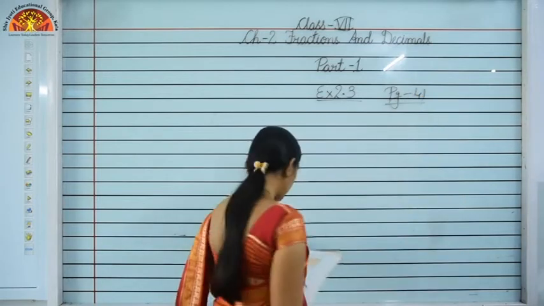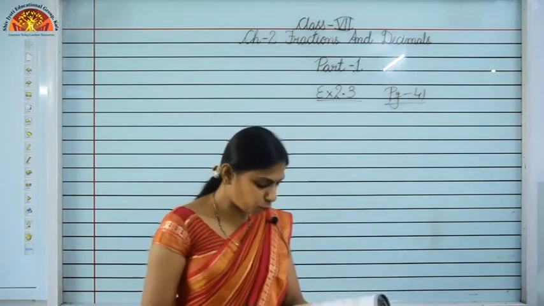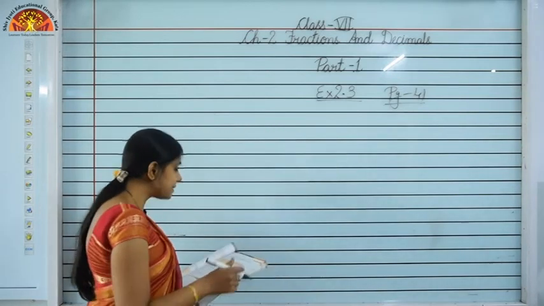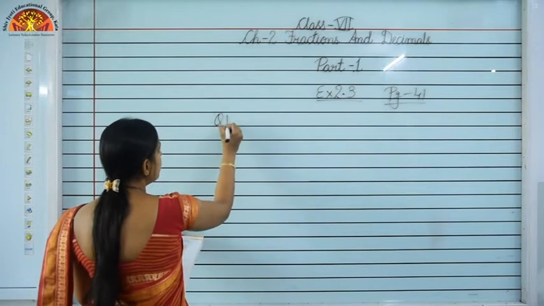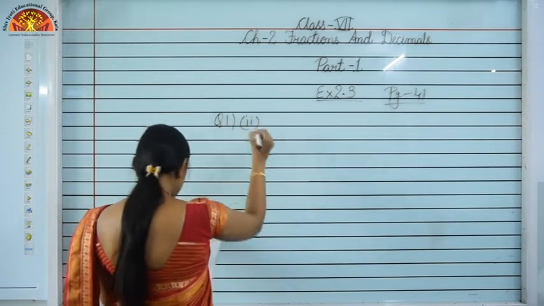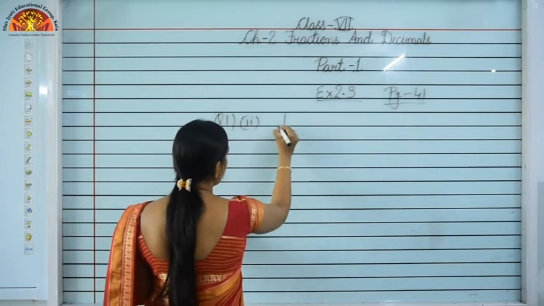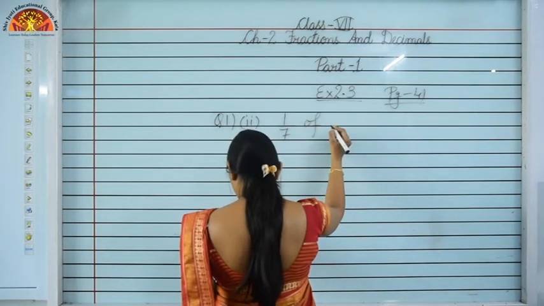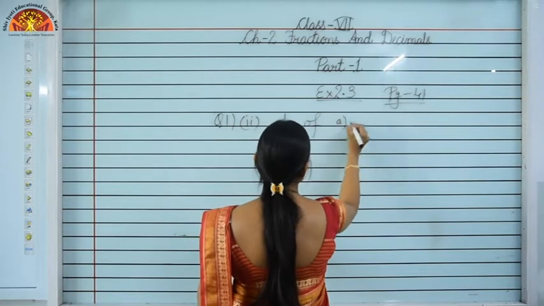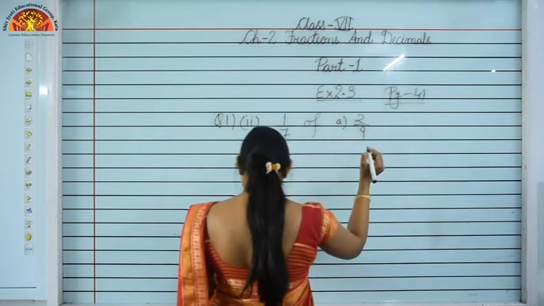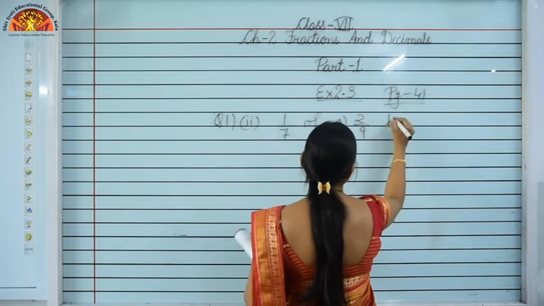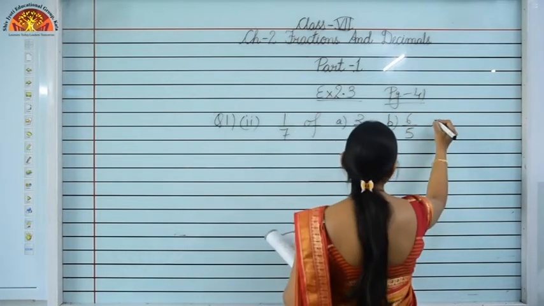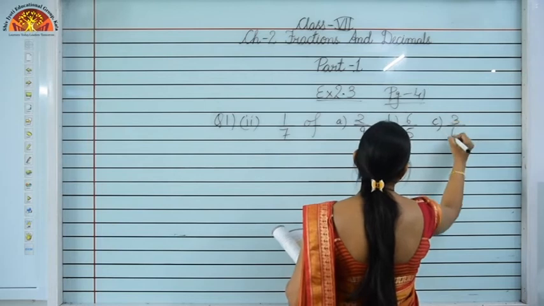Page number 41. Now just see, children, question number 1, that is find. That is the first question, second part we will solve. 1/7 of, that is A, 2 upon 9, B, 6 upon 5, and C, 3 upon 10.